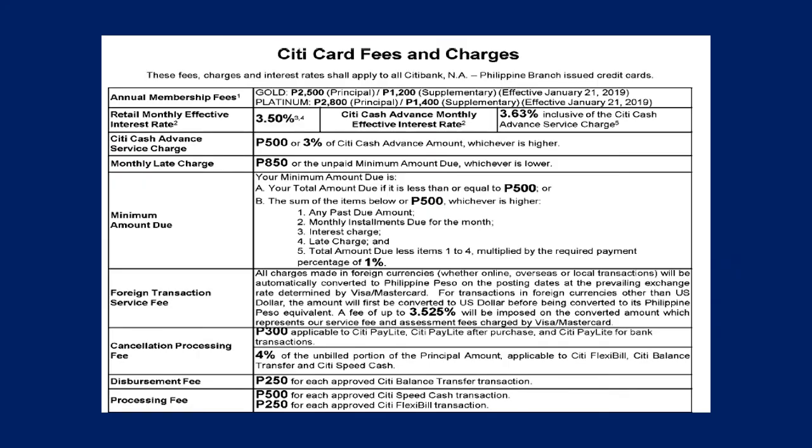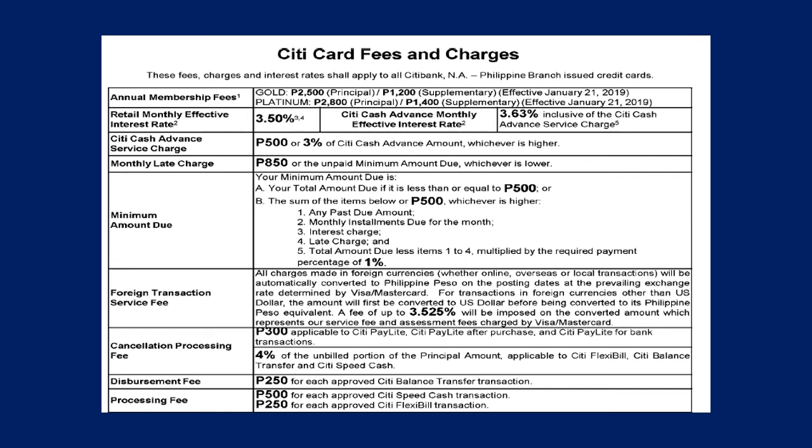All right, so I have here Citibank card fees and charges. First, you have your annual membership fee. It depends. The highest is for the gold, 2,500, and of course if you have a supplementary card you also have to pay their membership fee.